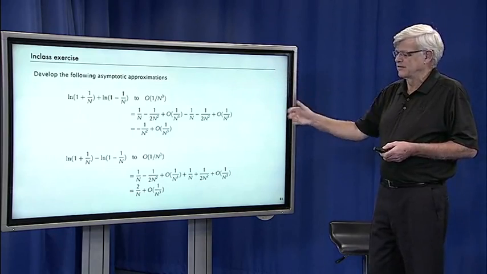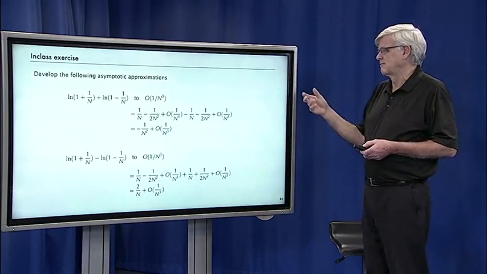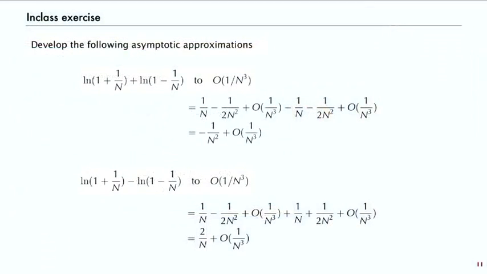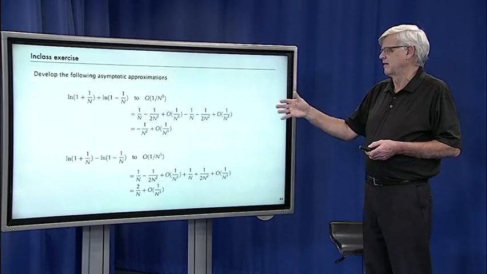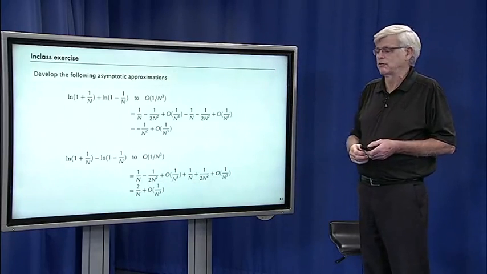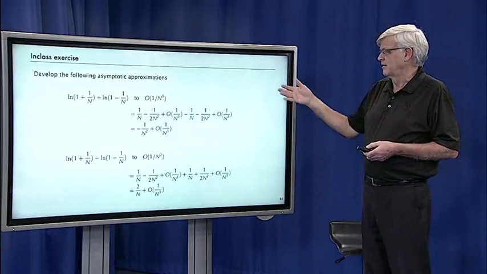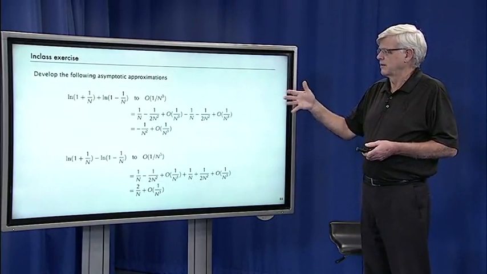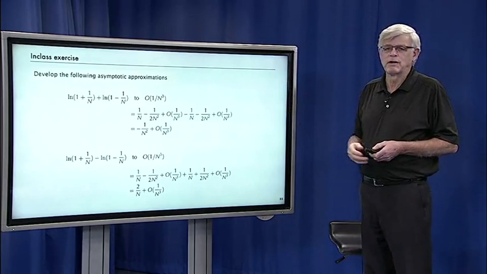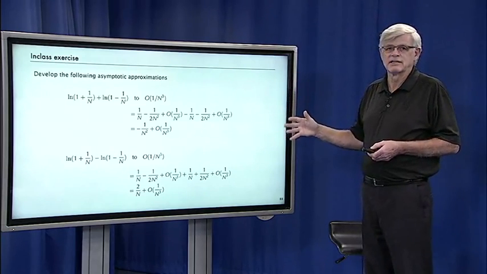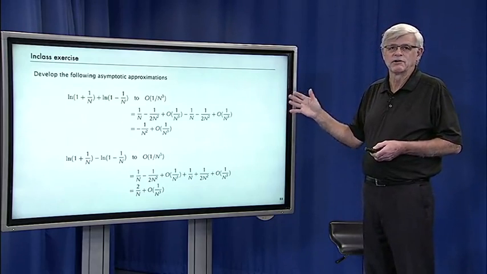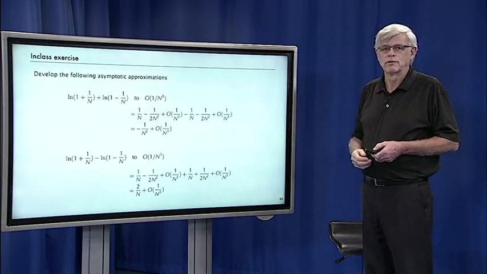So that's a simple example of asymptotic expansions using the basic information that we get from Taylor's theorem and then combining those results using algebra. For lots and lots of functions that come up, we can apply techniques like this to develop accurate expansions. That's what we'll look at next.